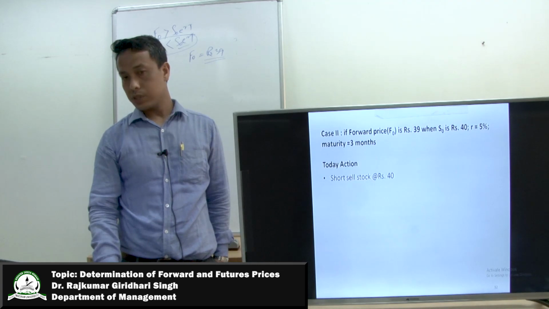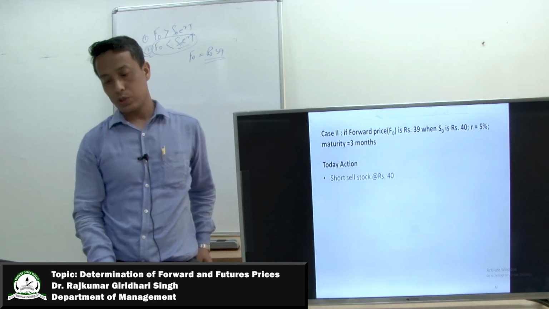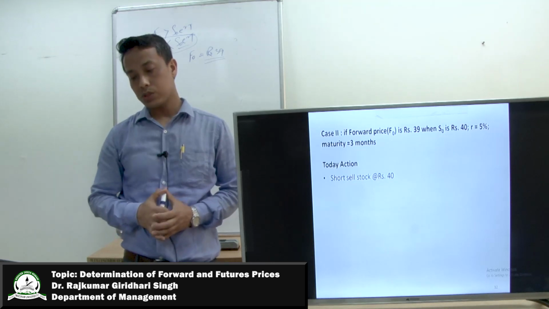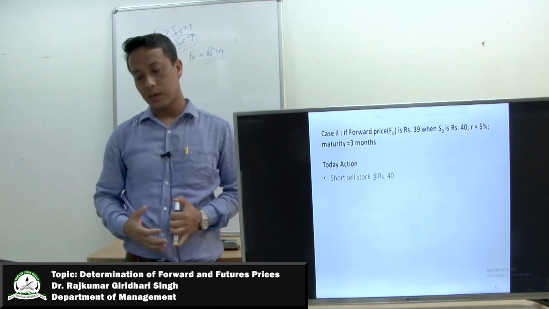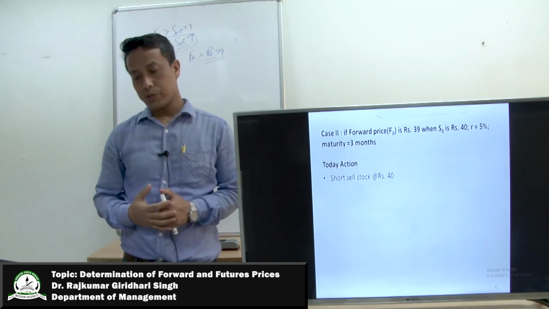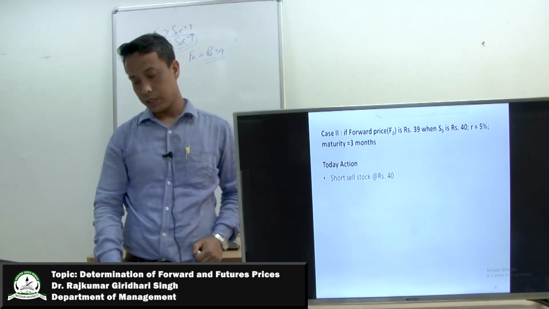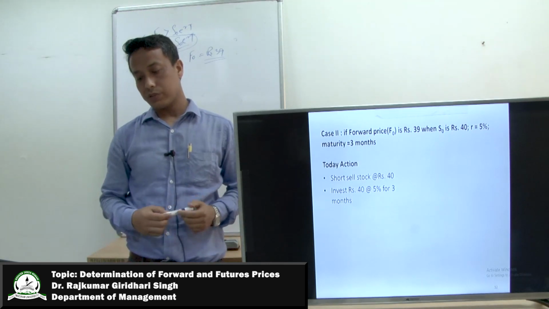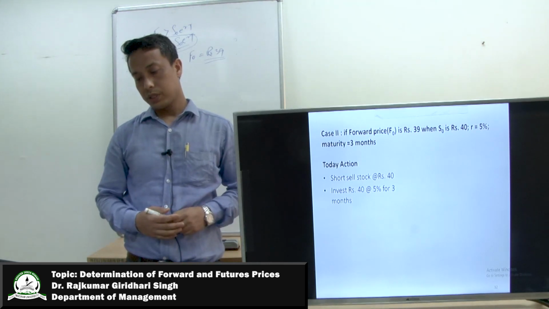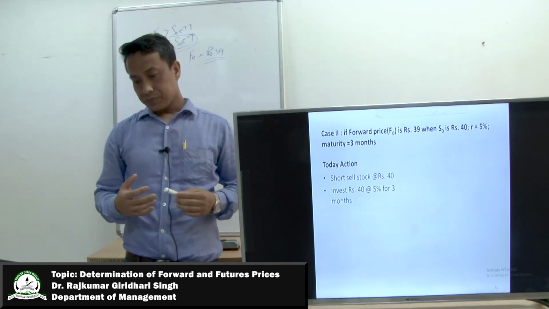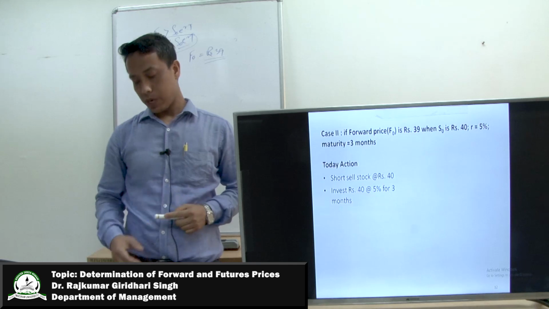Here the first thing we have to do is short sell the stock. Short selling means you do not own the stock, but rather you borrow and sell it because you have the opportunity to sell it at a higher price. So rupees 40 you are selling it out. Now the sale proceeds of rupees 40, you are investing for 3 months, because the maturity period for this forward price is 3 months.